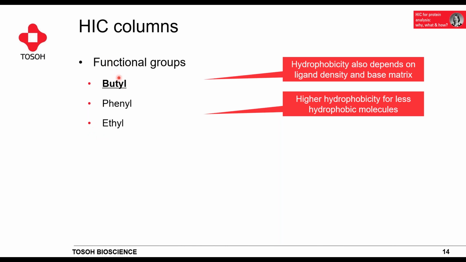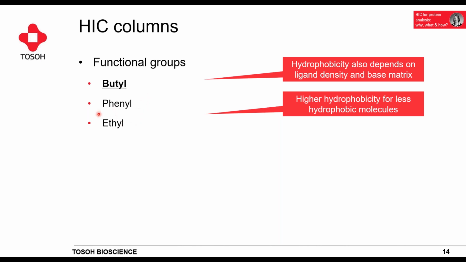Of course, you get an impression of how hydrophobic the method is just from the functional group. But I would like to point out here that it's not only the functional group which has an impact on how hydrophobic our column overall will be, because it also depends on the ligand density and on the base matrix. Phenyl and ethyl, for instance, are functionalities that Tosoh has for hydrophobic interaction chromatography columns.